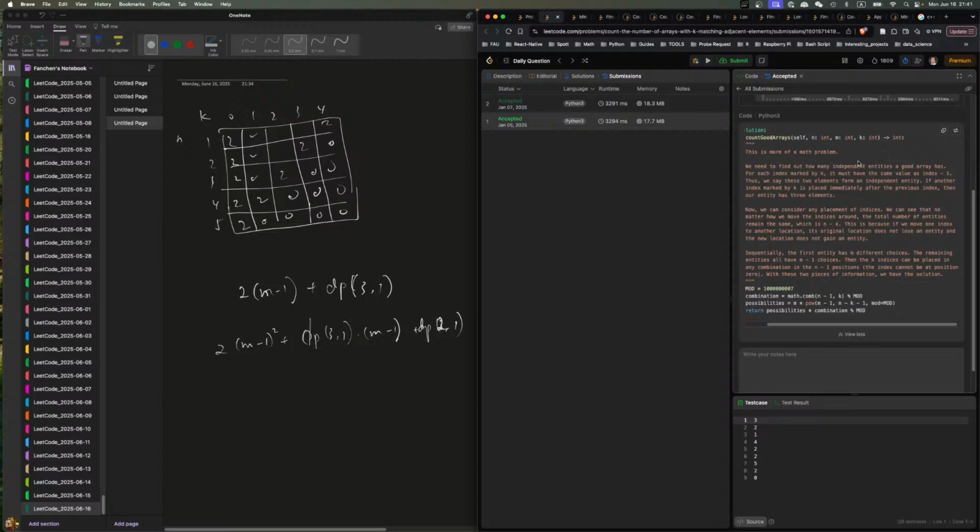Okay, so these are independent entities. Now we consider any placement of indices. We can see that no matter how we move the indices around, the total number of entities remains the same. I seem to remember this insight.